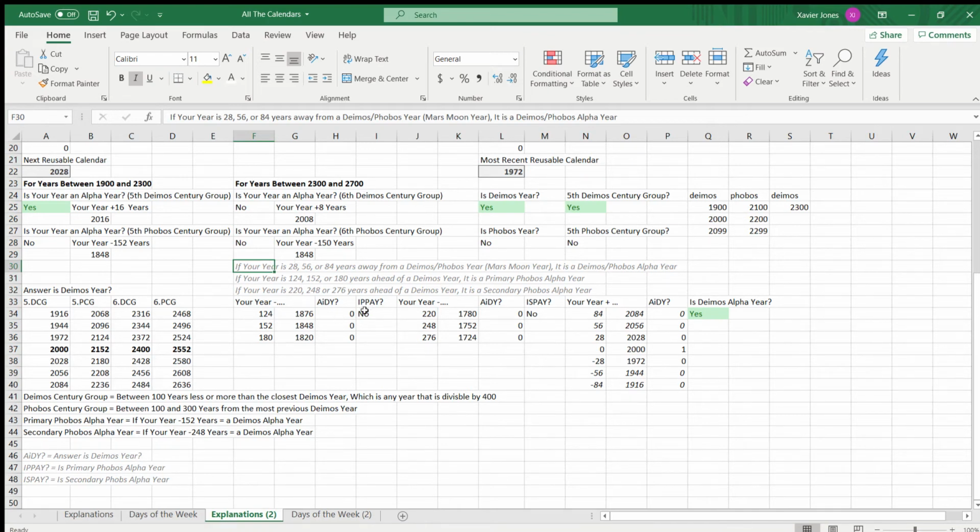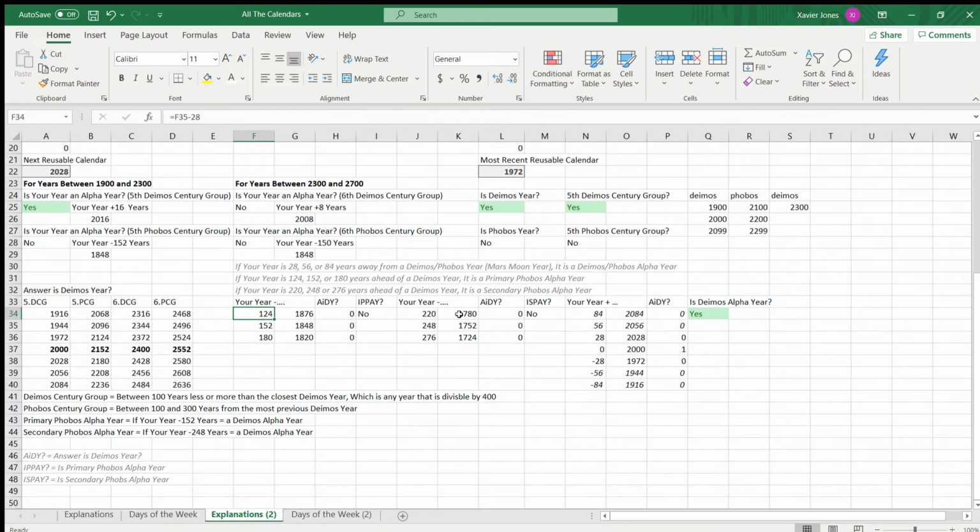So here we have our primary Phobos century group. Let me rephrase that.